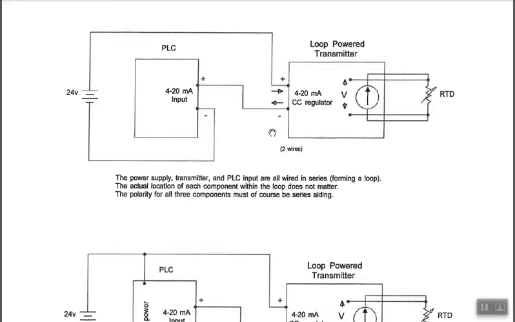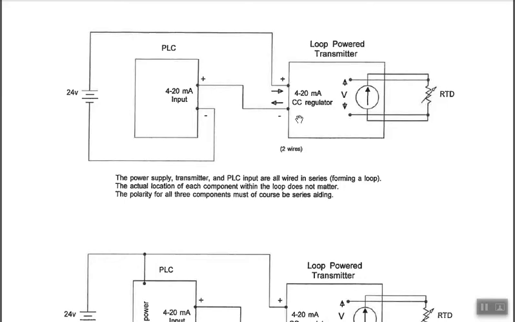And I like to emphasize that what is going on in a loop powered transmitter, or a 2-wire transmitter, is that inside the box you basically have a constant current regulator, as opposed to a current source, which is what a 4-wire transmitter, when we get to that, is going to look like. That should help you get a clear picture of what's happening.